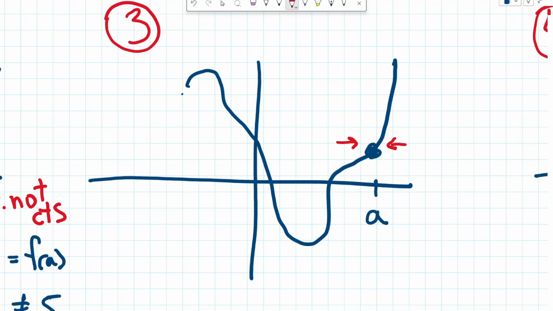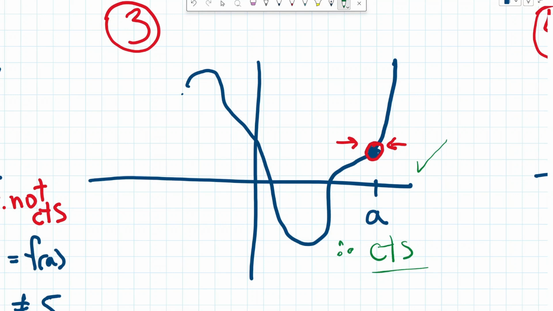And third criteria, we can see that the limit as x approaches a of f of x equals f of a. So there's no discontinuity here, no removable holes here. This is some sort of polynomial, so we also know that all polynomials are continuous and there's no abnormal behavior around this point. So therefore, it meets all three criteria, so therefore it is continuous.